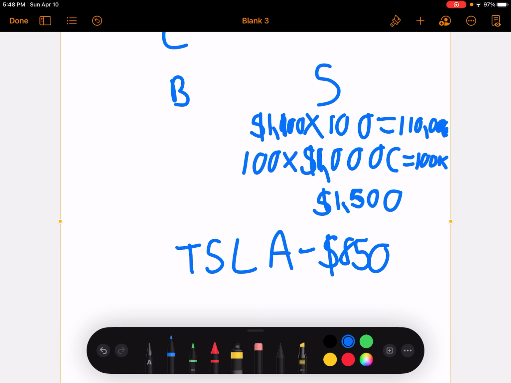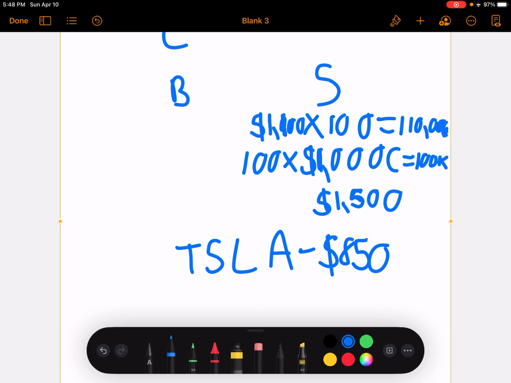So the $110,000 that the Tesla shares are worth at the time of expiration, minus the $100,000 that the seller has to sell you the shares for, you're making $10,000 on that. And the person selling the contract is losing $8,500.